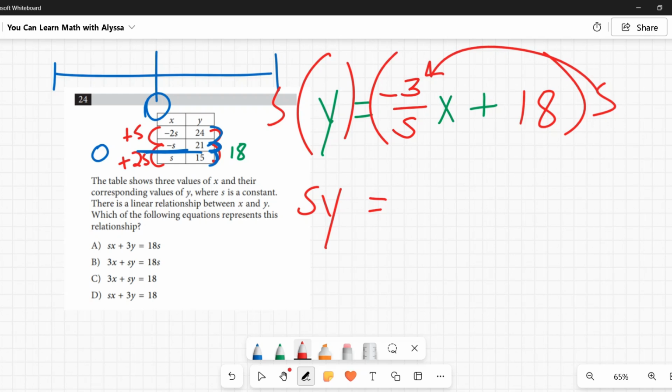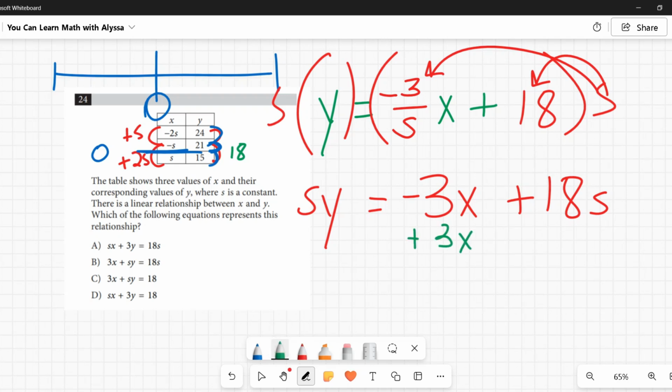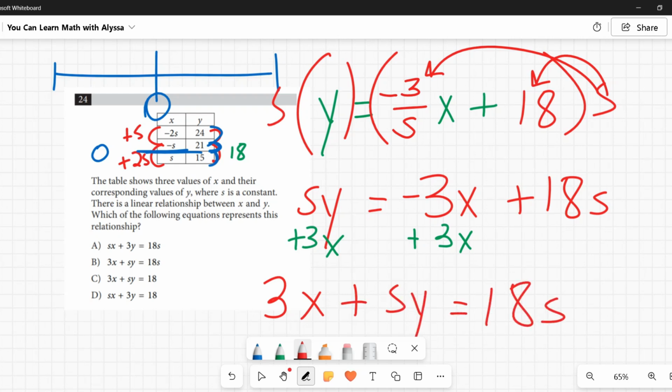I'm distributing that. When I multiply it by s, that disappears, so it becomes negative 3x. And then plus 18 times s. Okay. Now I want the x's and the y's on the same side, so I'm going to add 3x to both sides, and I get 3x plus sy equals 18s, and that is B.